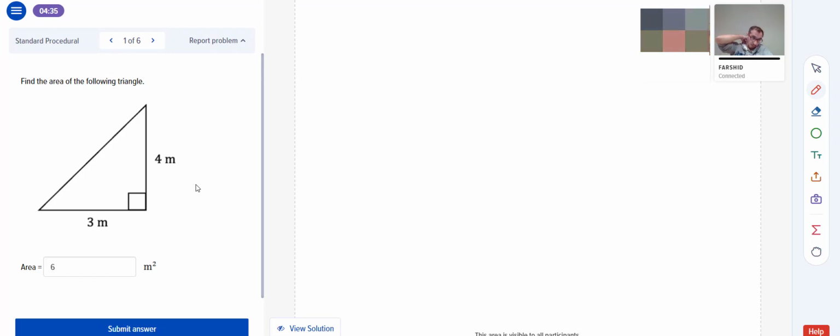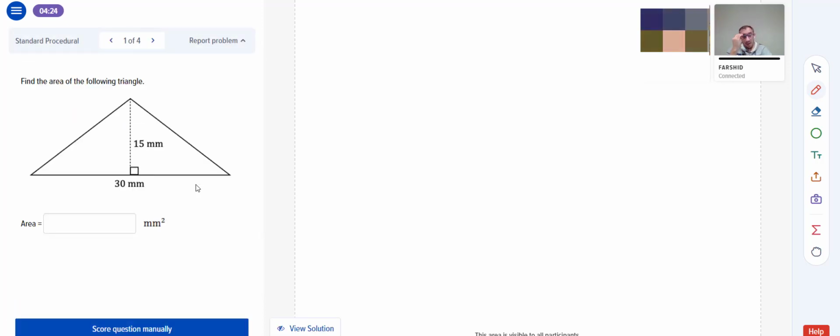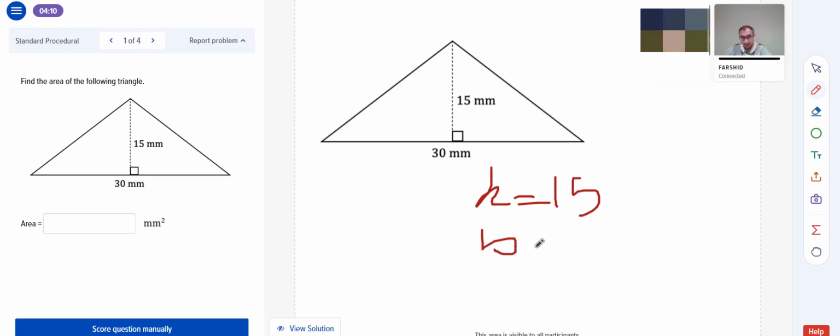So this would be 6. This would be 40. Oh yeah, I forgot how to do these ones. So this one, the perpendicular height is 15. So you would write in your exam, height is 15, and the base is 30.